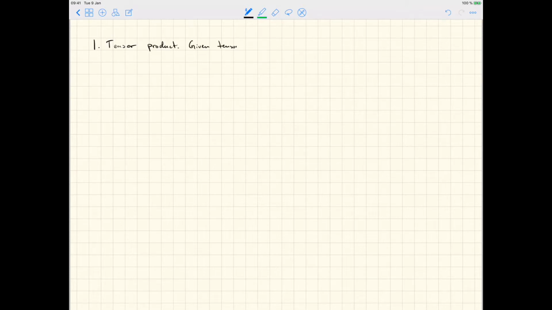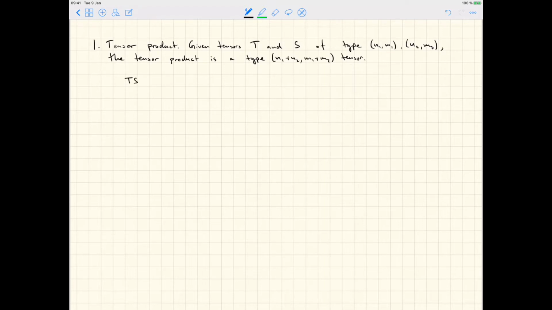Given two different tensors, t and s, of type (n1, m1) and (n2, m2) respectively, their tensor product will be a type (n1 + n2, m1 + m2) tensor. If we just look at the case when n1 and n2 are 0, so that we deal with (0, m) tensors, the product of t and s is a (0, m1 + m2) tensor, so it will take m1 + m2 vectors as its argument.